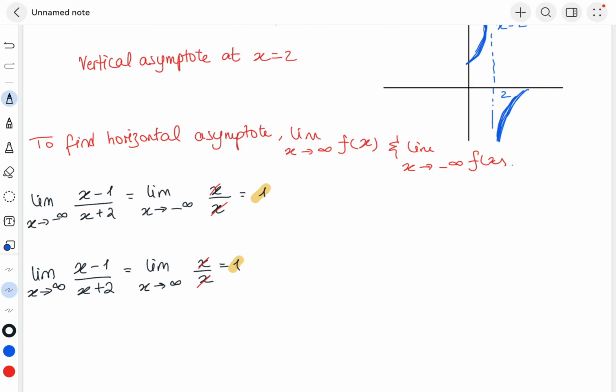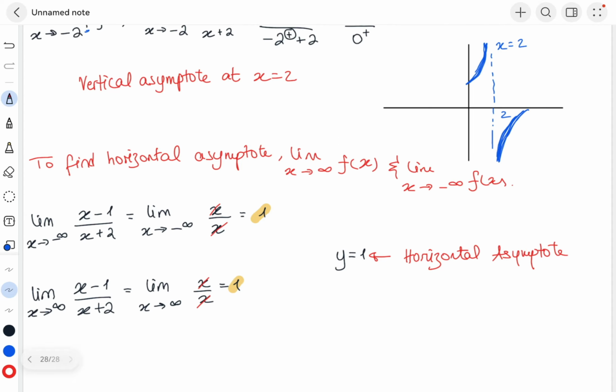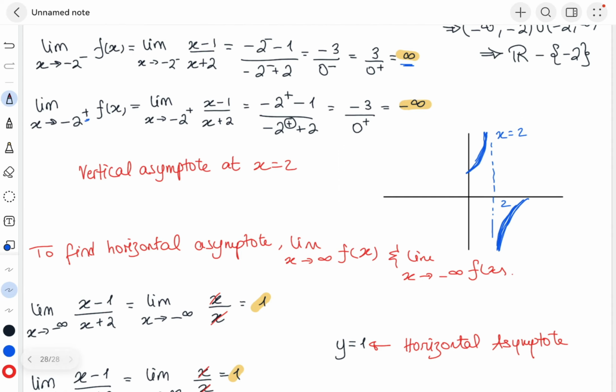You see, we have ones, which means we have a horizontal asymptote indeed. And the horizontal asymptote here is y equal to 1. What does a horizontal asymptote mean? It means whenever our x is approaching infinity, our y value will be approaching 1. So as you can see here, let's go back to the graph that we had.